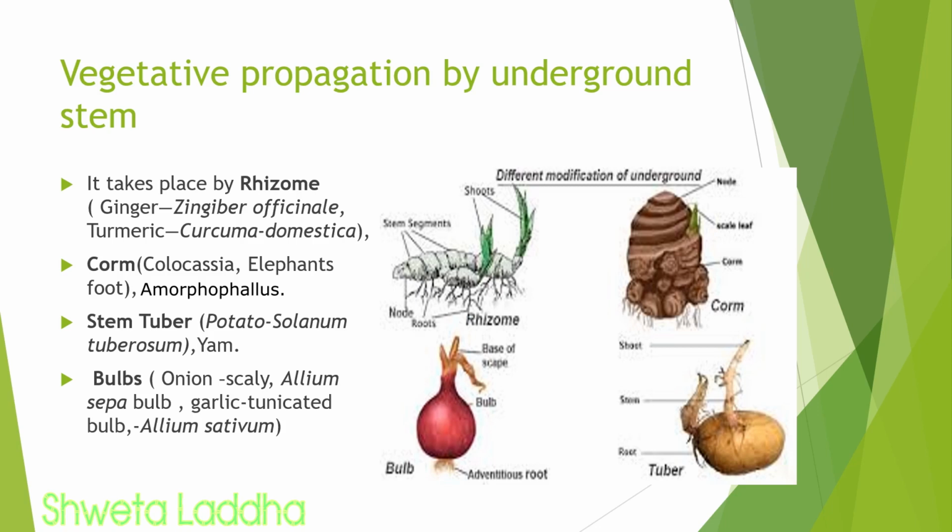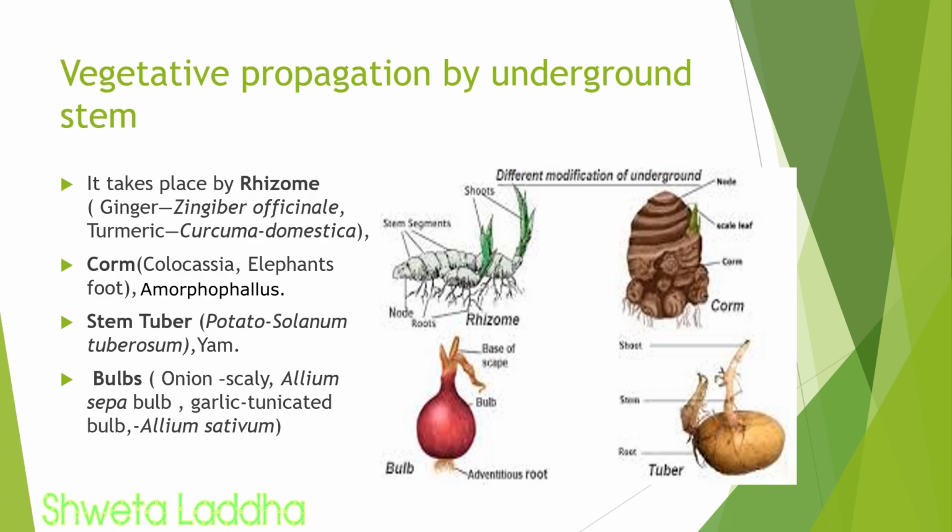The last example for underground stem is bulbs. There are two types of bulbs, scaly bulbs as in onion, that is Allium cepa, and tunicated bulb as in garlic, lasun, Allium sativum. Both have reduced stems which are disc shaped, and on this disc shaped reduced stem there is an apical bud which can give rise to a new plant.